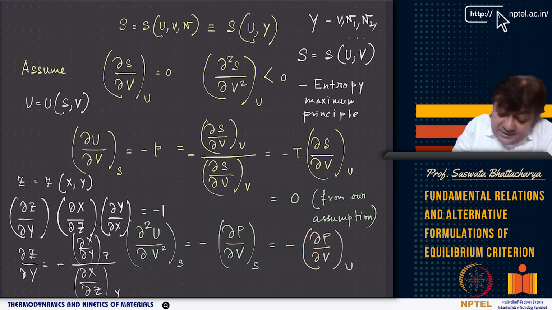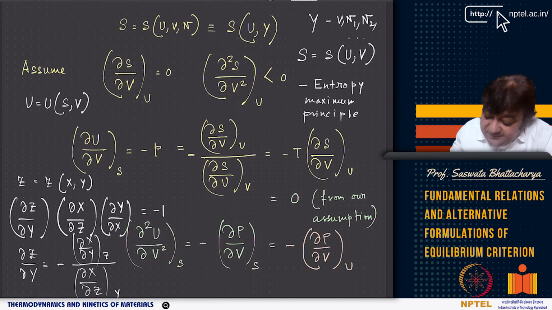That means change in entropy with respect to change in volume for a given internal energy equal to 0 implies that change in internal energy with respect to volume for a fixed entropy is also equal to 0, right? Which is an extremum condition for U, right? ∂U/∂V at S equal to 0 is an extremum condition.